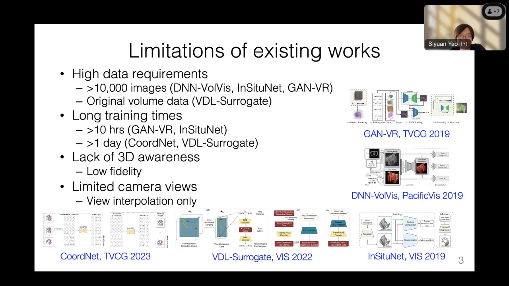So we have seen existing works that handle those challenges by visualization generation. But for these methods, for example, InSituNet, GAN-VR, they all require more than 10,000 images, and video surrogates would also require the original volume data. So their high data requirements make these methods less practical, and they also need long training time, ranging from more than 10 hours to more than 1 day.